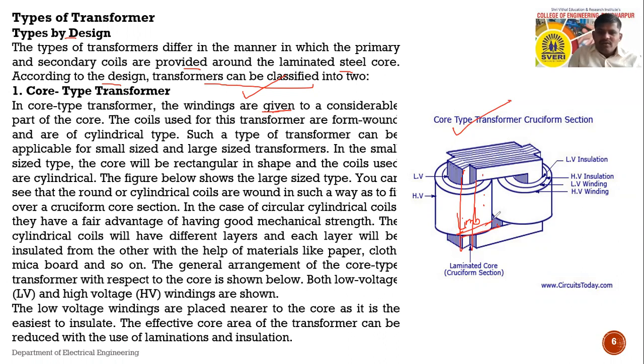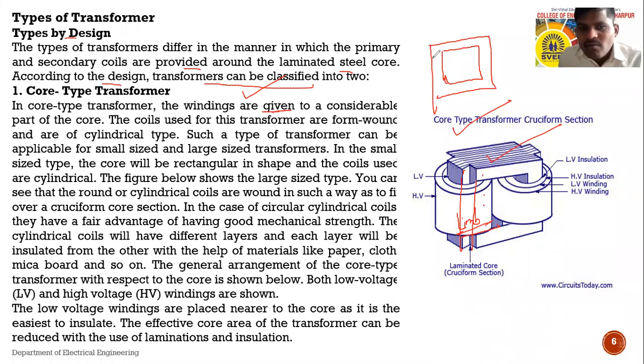This one is the core, the transformer core, and I will draw a 2D diagram of that transformer. Suppose this is a core, and some part of that core or winding encircles the part of the core. Is the winding around the core, or is the core around the winding? Yes, give me a reply.